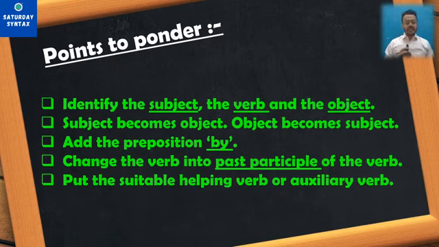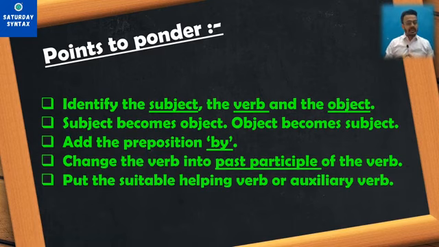Number 3: add the preposition by, which is very important. When you change active into passive, don't forget to add the preposition by. Number 4: change the verb into the past participle. If the verb is in V1 or V2 form, it is very important to convert it into V3 while converting into passive voice.